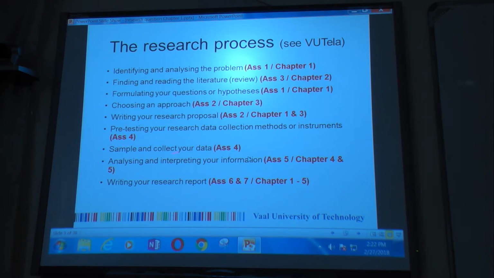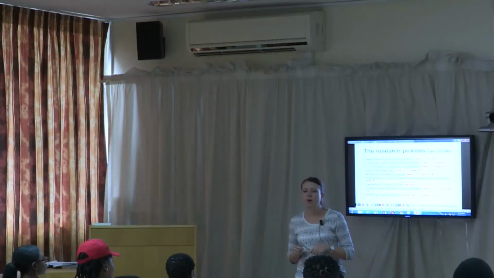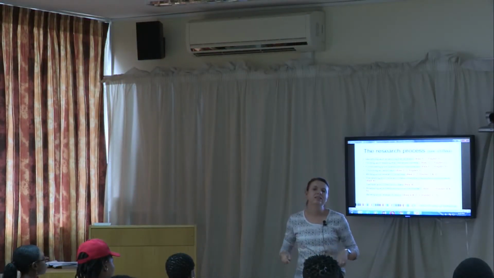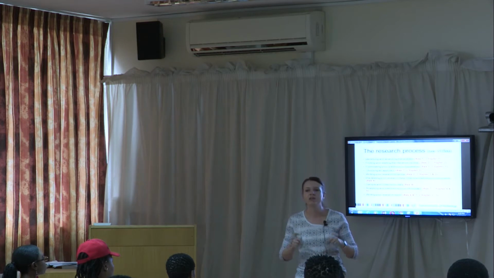And then also part of assignment 4 is the next step, sample and collect your data. What does sampling mean? You need to select from your population. A population is the entire group of respondents from where you want the information. But you cannot target 100,000 people attending a festival. You need to draw a sample from the 100,000.